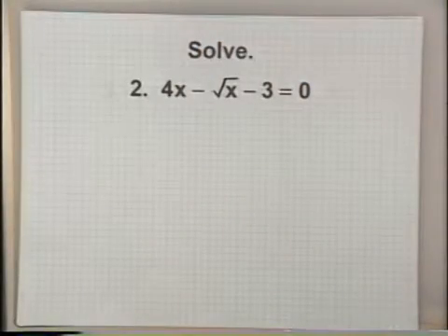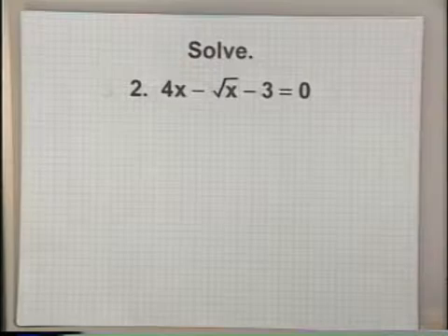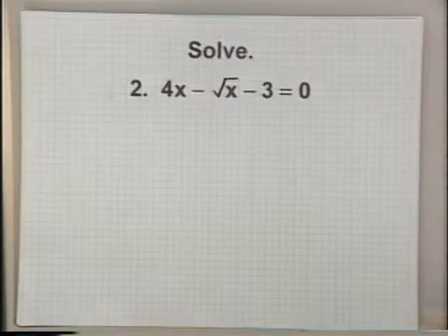We will look at 3 more equations in quadratic form, and you will see how we can factor them to solve them. Let's look at problem number 2. We have 4x minus the square root of x minus 3 equals 0.